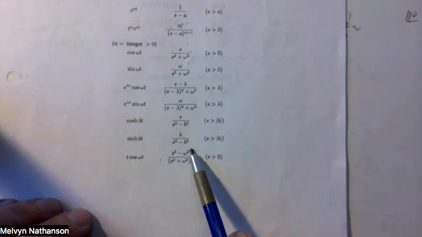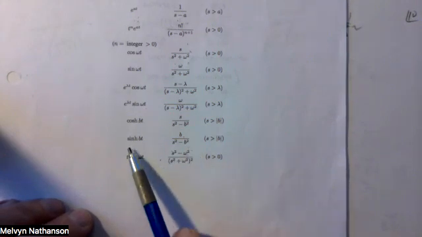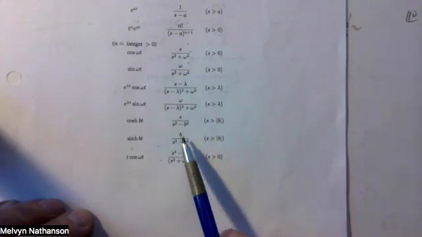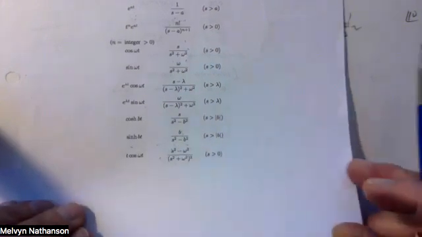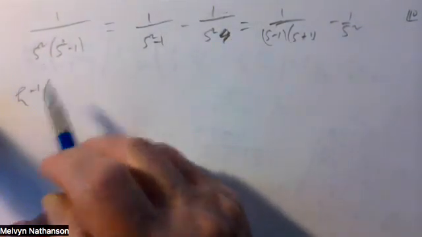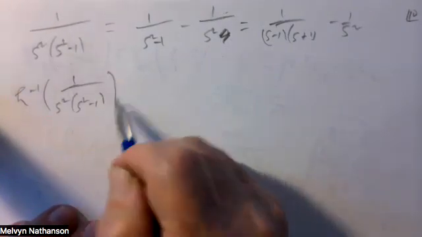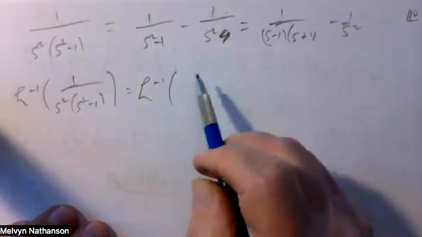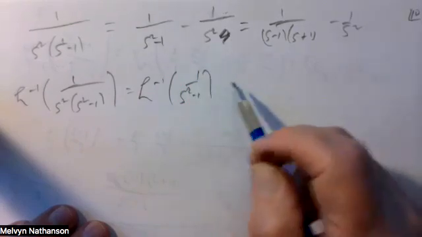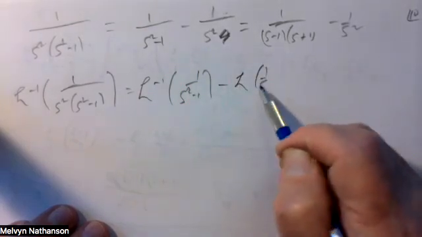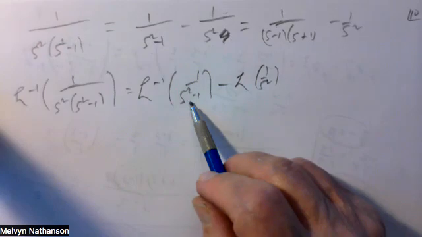Yeah, in my table, b over (s squared minus b squared) is the Laplace transform of the hyperbolic sine of bt. So if b is equal to 1, this is 1 over s squared minus 1. So the inverse Laplace transform of 1 over s squared times (s squared minus 1) is the inverse Laplace transform of 1 over (s squared minus 1) minus the inverse Laplace transform of 1 over s squared.